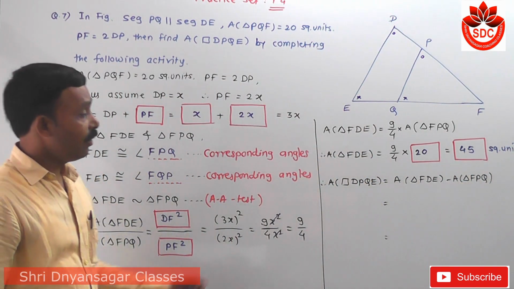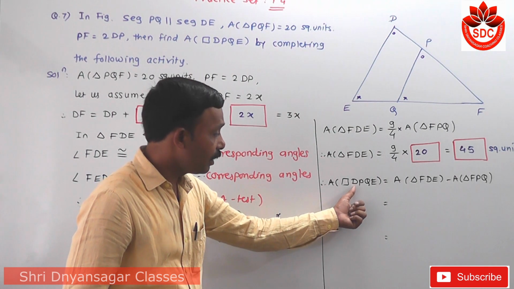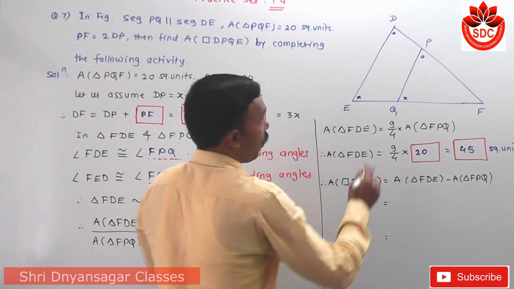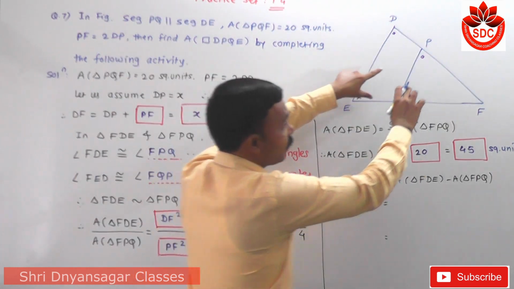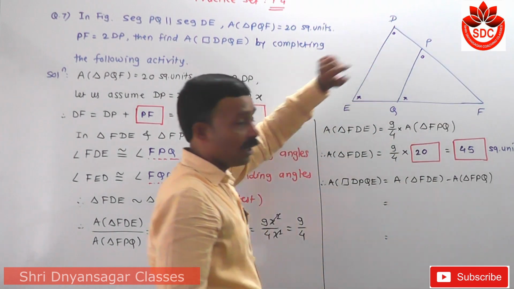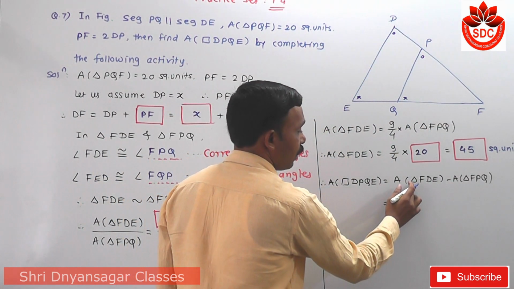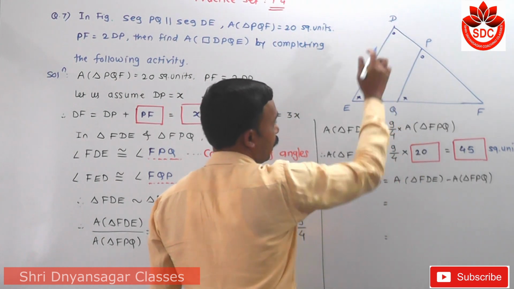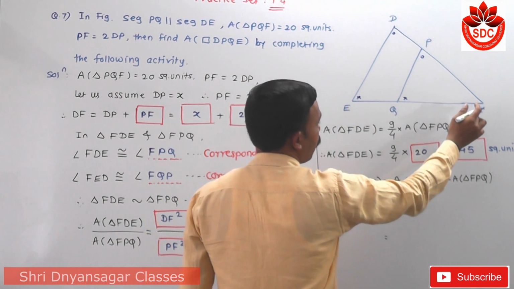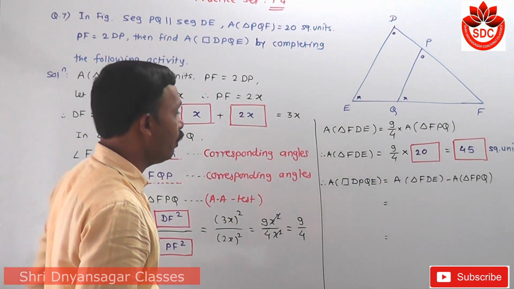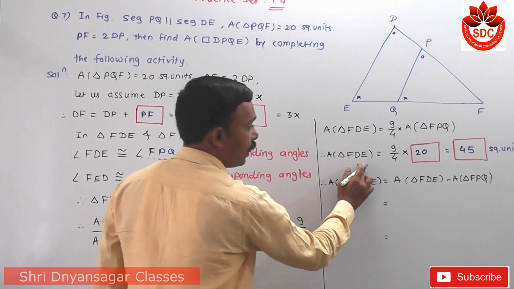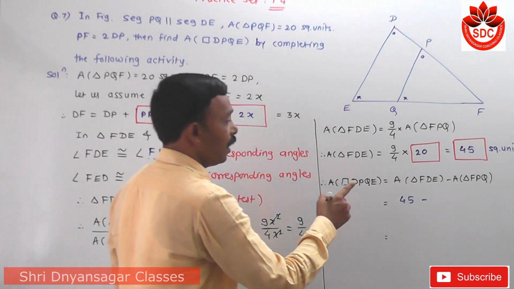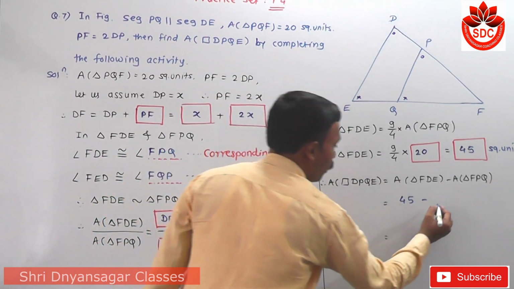Now we have to find the area of quadrilateral DPQE. For DPQE, from the total triangle we have to subtract this triangle, and we get the area of this quadrilateral. So area of quadrilateral DPQE is area of FDE minus area of FPQ. We substitute the values: area of FDE is 45 minus area of FPQ, which is given here as 20.